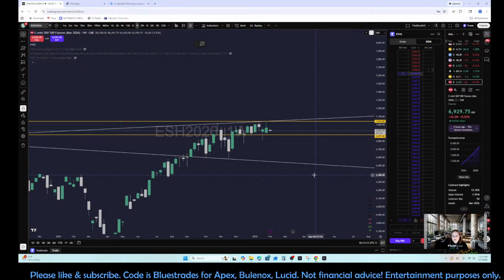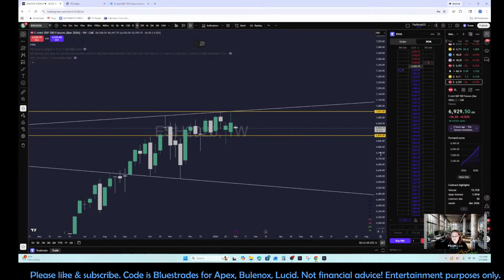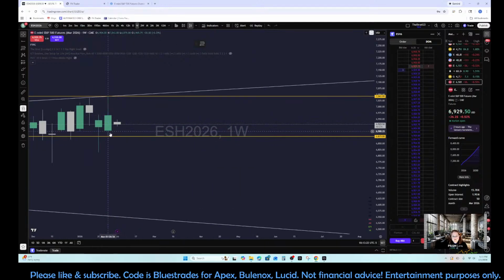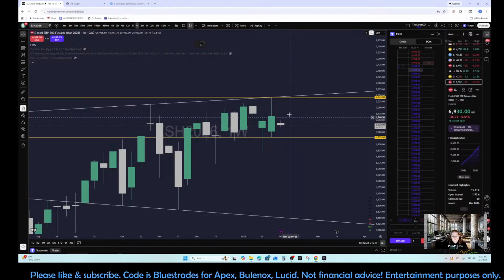We are opening inside a week, and that's indicative of this price action being inside of the previous week's candle. If you look at this from a perspective of order flow, we're stuck. We are completely stuck.